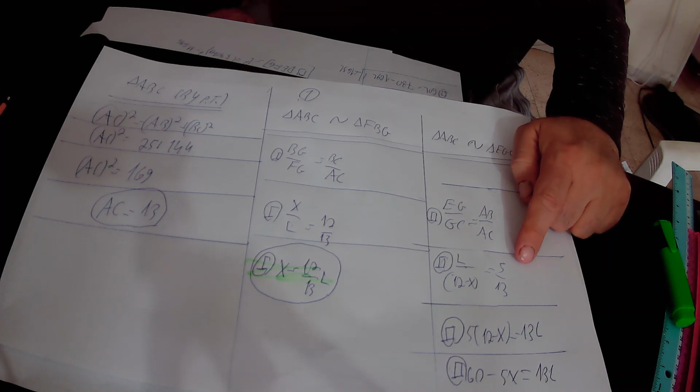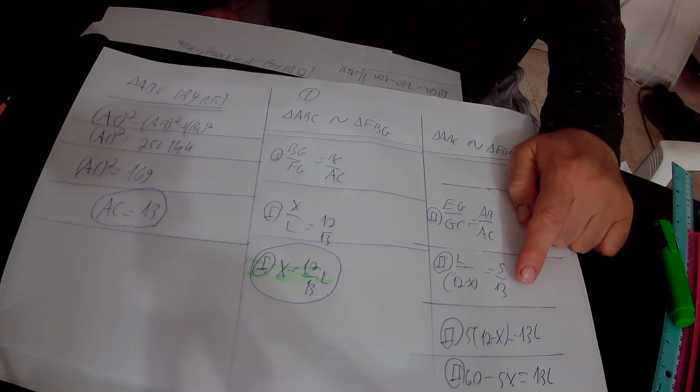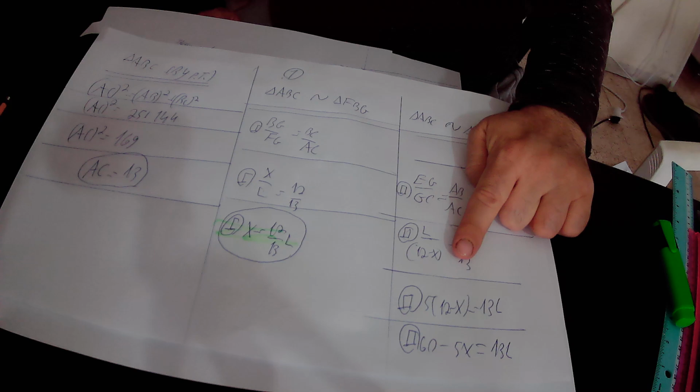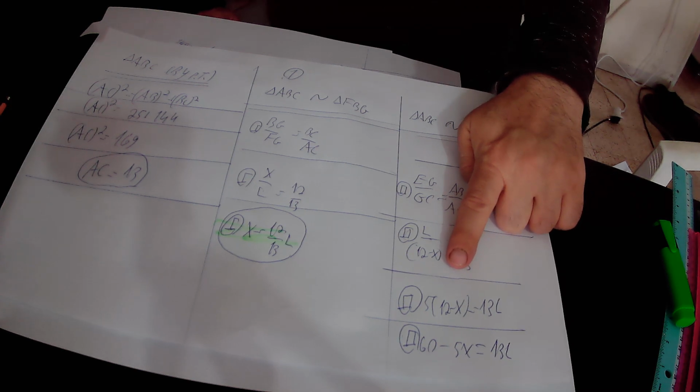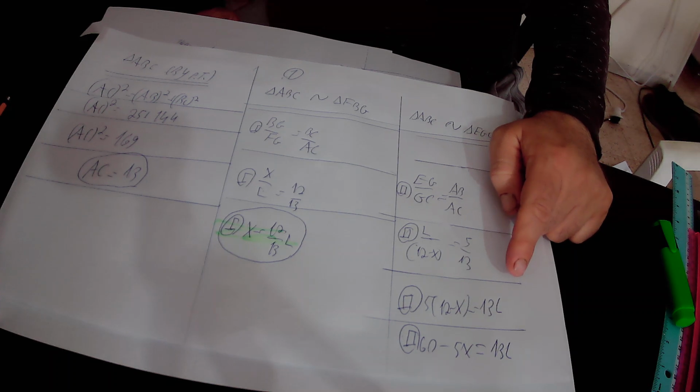Here we cross multiply this equation 2, and found out that 5 times (12 minus X) equals 13L. Here we open the brackets on this side of the equation, and finally found out that 5 times 12 is 60, 5 times minus X is minus 5X, that equals 13L.